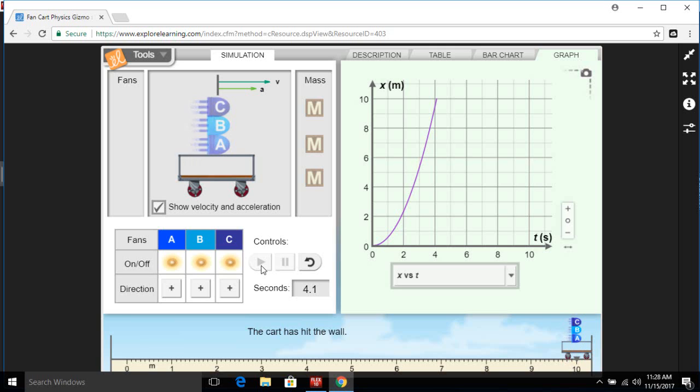Acceleration depends on the mass of the object and how much force is applied. If I take this little mass right here and add it to the cart, what's going to happen to my acceleration? It's going to slow down. It takes us 5 seconds. That's equal to the one fan.